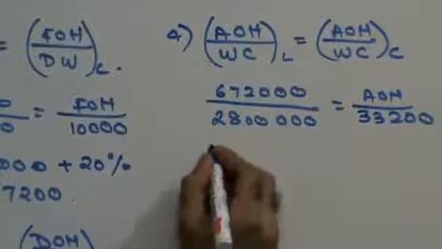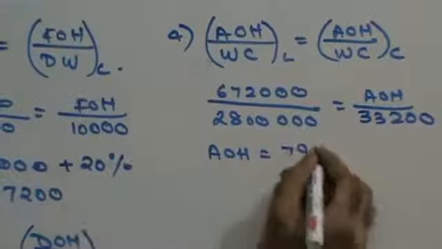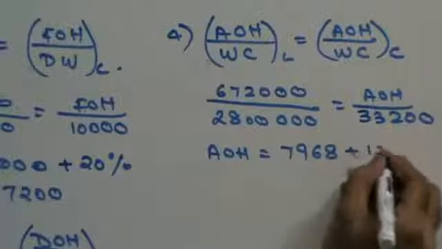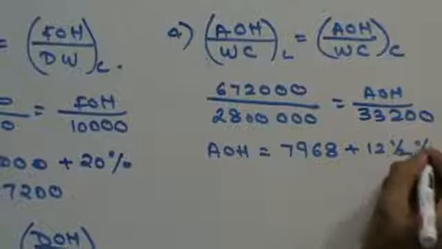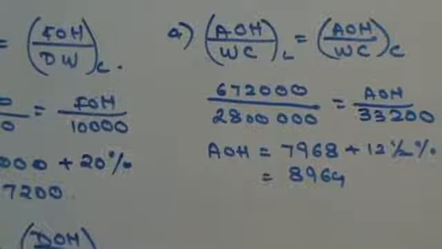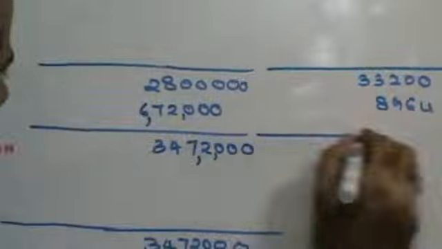So your proportionate increase, some of these calculators, 7968. But they are saying that it has gone up by 12.5%. Right? How much is this? 8964. So this is 8964.